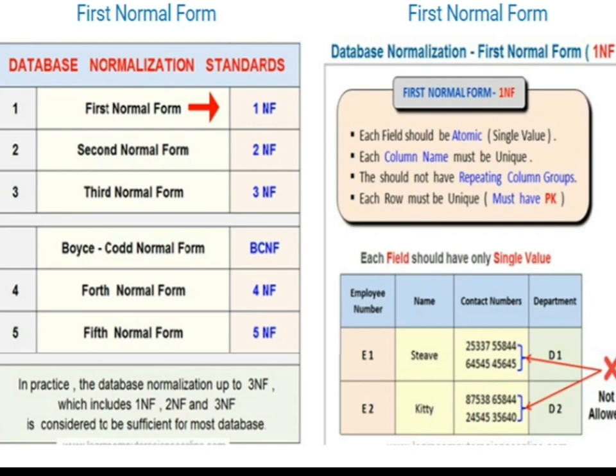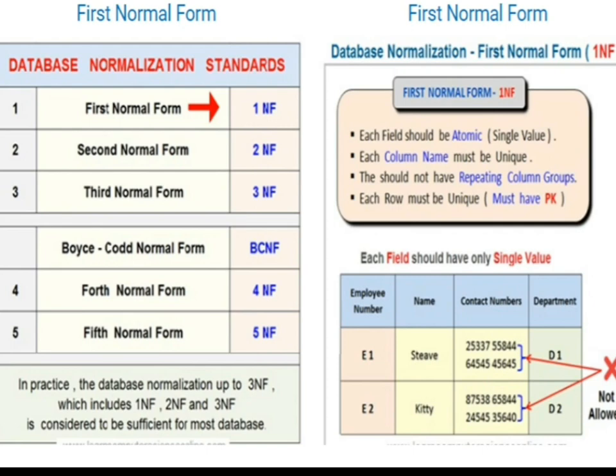This is a violation of first normal form, because according to the first normal form, every cell should contain only one single value, but here we have multiple values, so it is not allowed in 1NF. To make this table 1NF, we need to split the table into multiple tables where one contact number belongs to only one row.